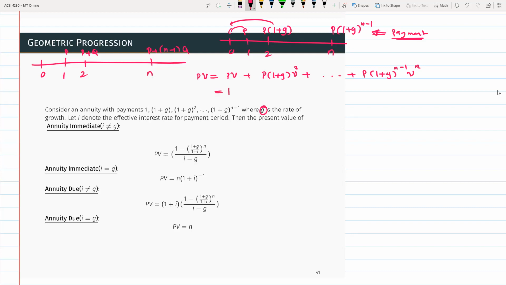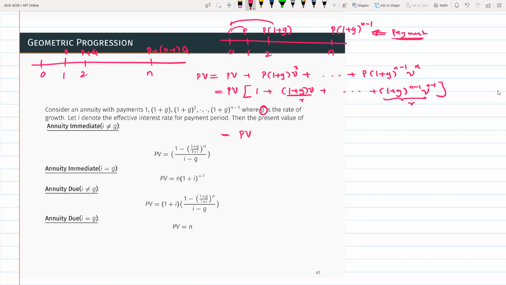So here you can see P and V are common factors. If I take that out, I end up with 1 plus (1 plus G)V, and so on up to (1 plus G)^(n-1) times V^(n-1). Now if this is R, let me write it as R. Then I can write one more line. This would be what? P times V.